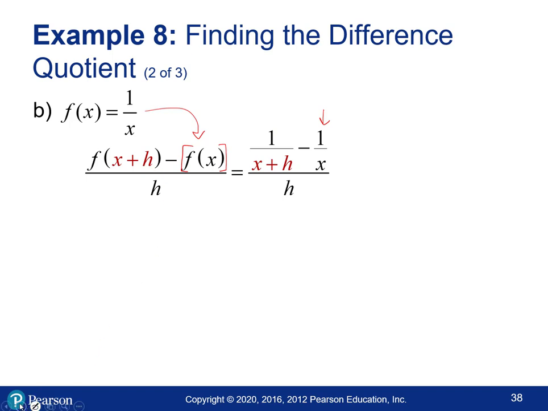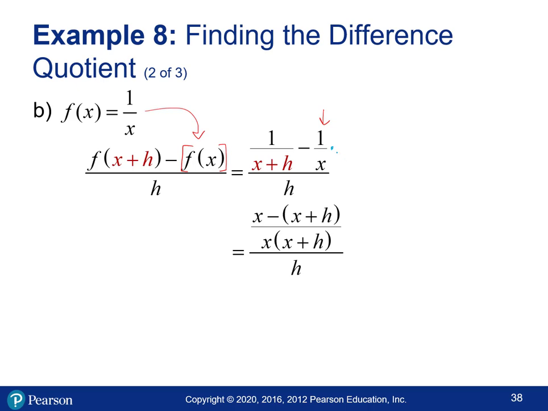And so that's one of the harder parts. Now we're just simplifying. So we're on to the simplification step. These are fractions, and they're pretty messy, like a fraction over a fraction. So we're going to have a common denominator, so we can combine these. Let's go ahead and do that really quick. The common denominator would be x plus h times x.